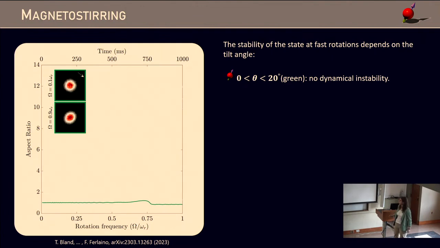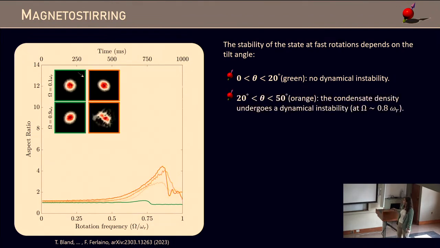What we observed is that for small values of this tilt angle, from 0 to 20 degrees, the aspect ratio of the system does not increase much, and then basically it goes back to 1. So this is the state at the beginning and this is the state at the end, and we basically don't observe any vortex in the middle.